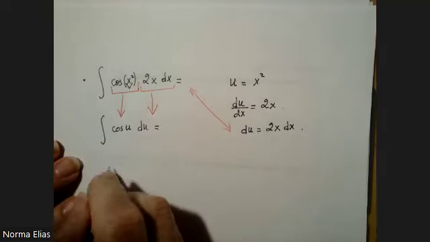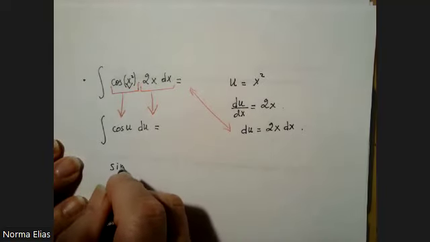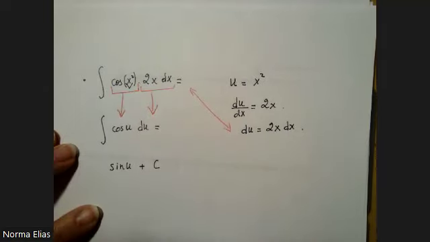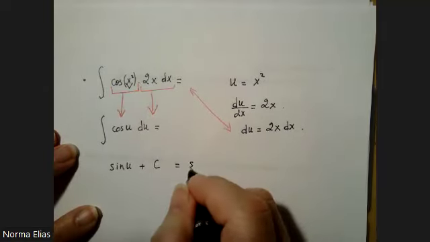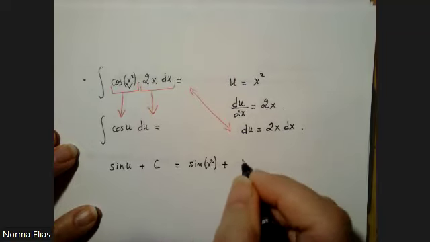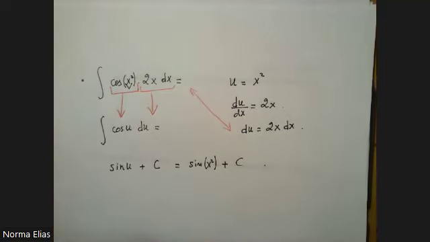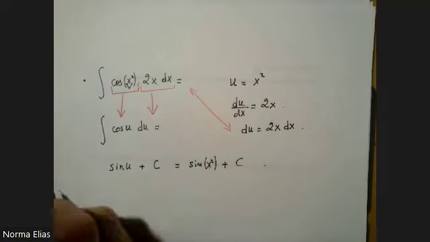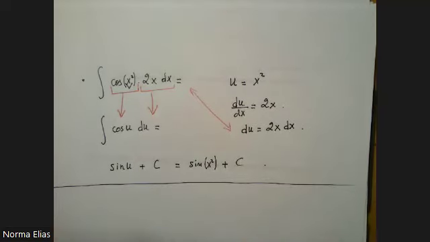You evaluate it. That's the sine of u plus c. You're done integrating. The last step of the process is to put sine x squared at the end of the problem. And then you check by differentiating the result and make sure you get the term under the integral. All right, so let us practice several problems.